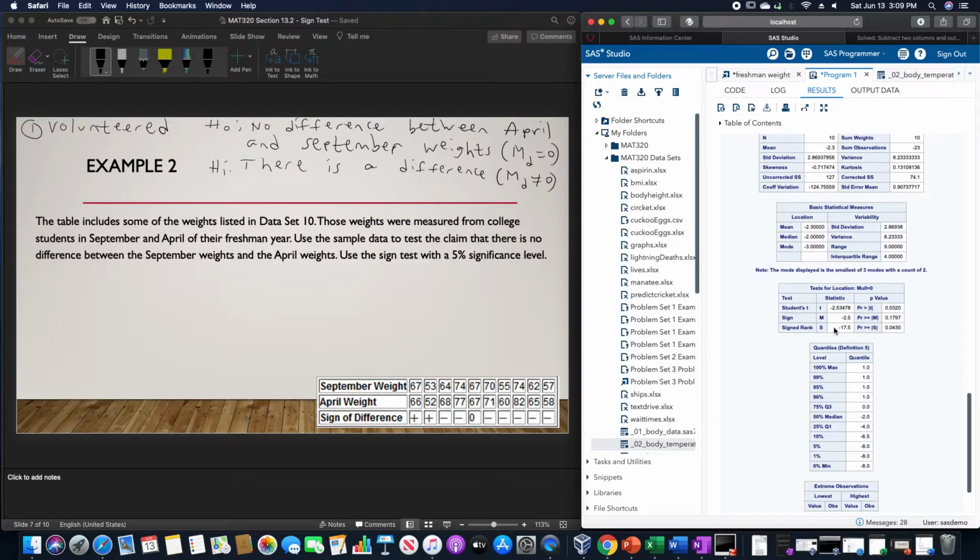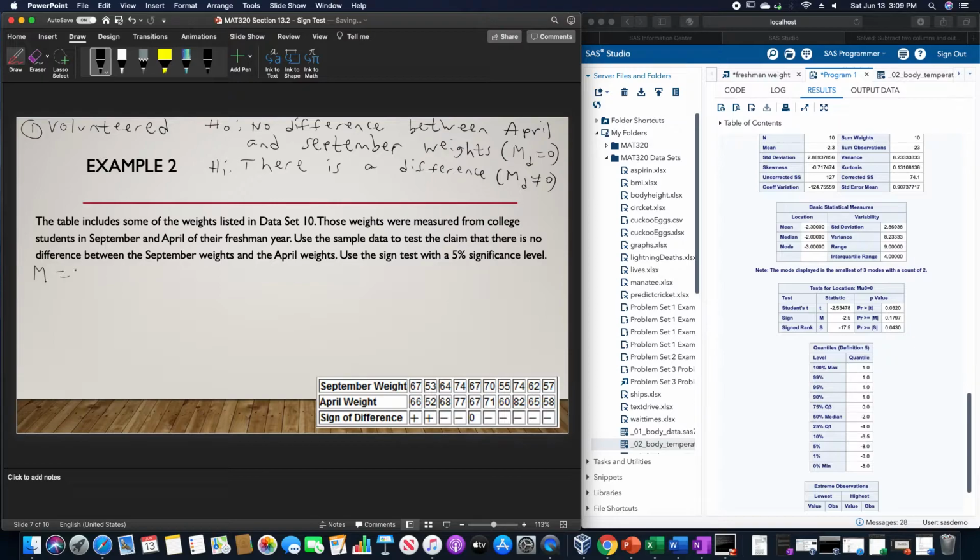It gives us a test statistic M of negative 2.5 and a p-value of 0.1797.